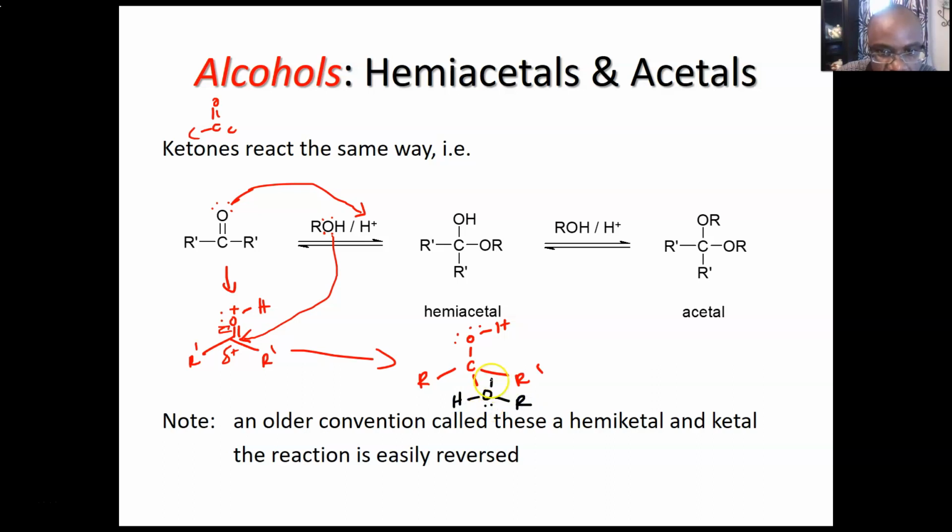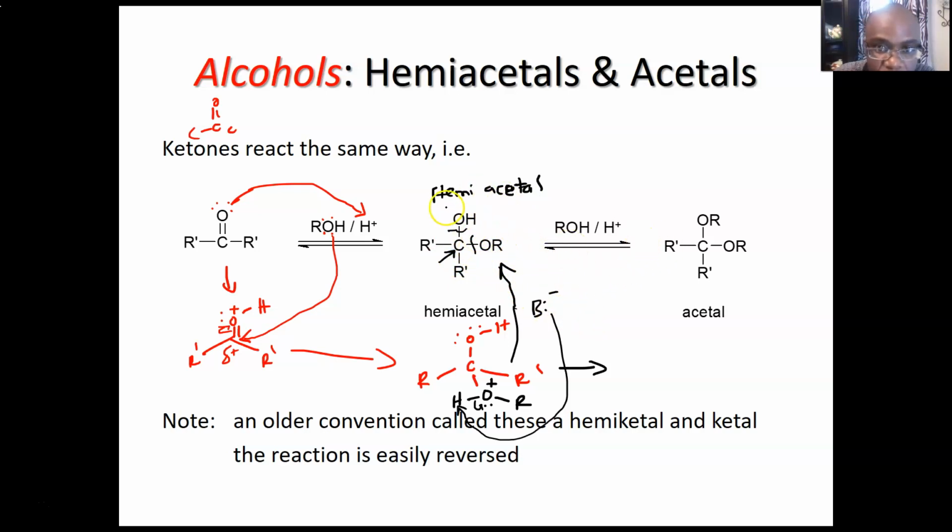The oxygen is left with one lone pair. You have a plus charge on it. So to get the hemiacetal, one would use a base or another molecule of the alcohol to take out that hydrogen. That's how you get the hemi. Again, this is hemiacetal because the OH and OR are sharing the same carbon, it is half the acetal.